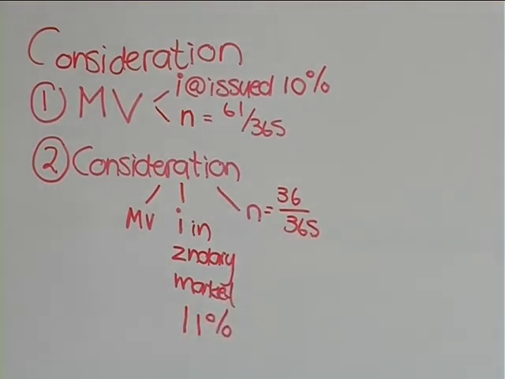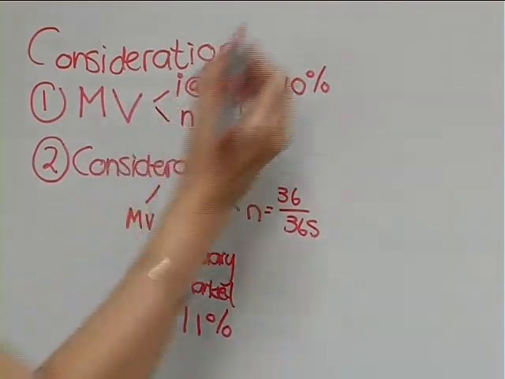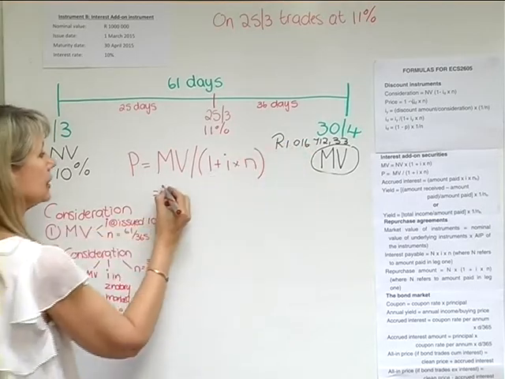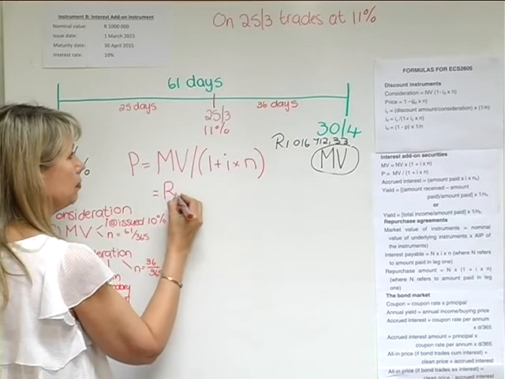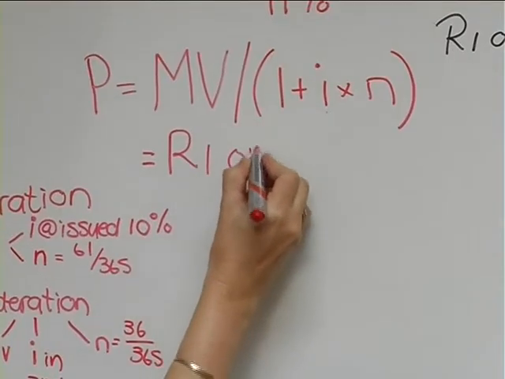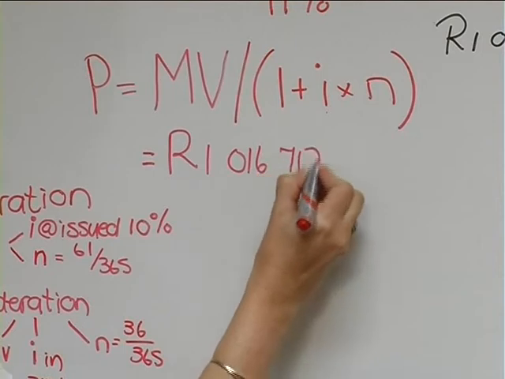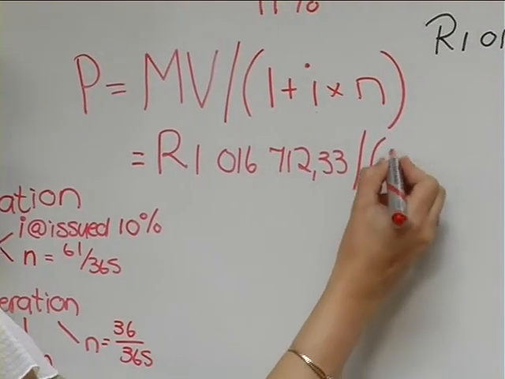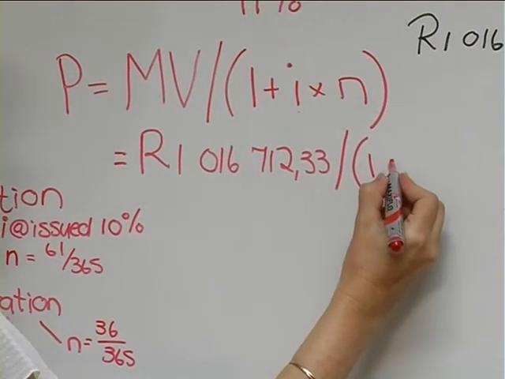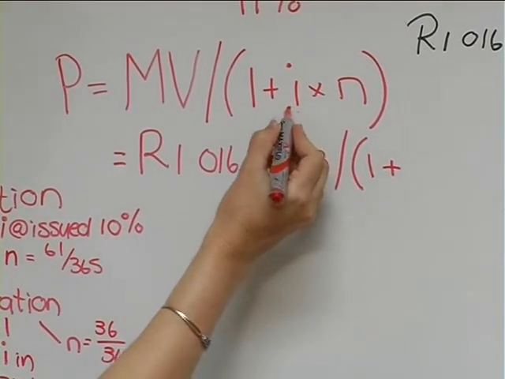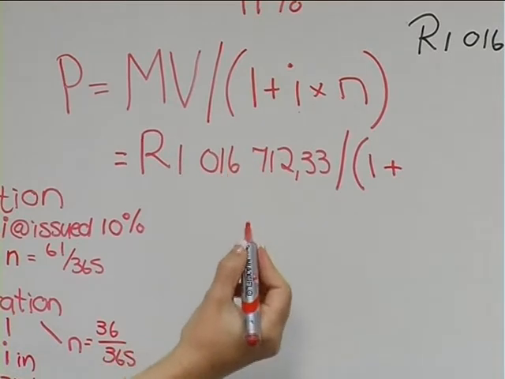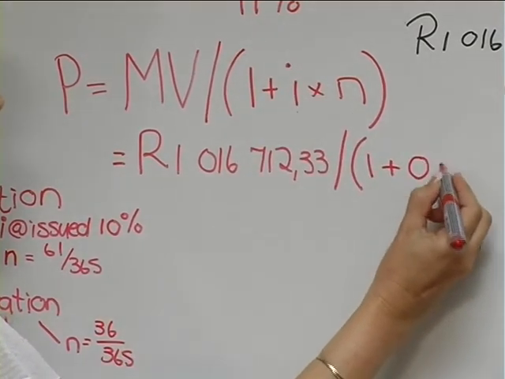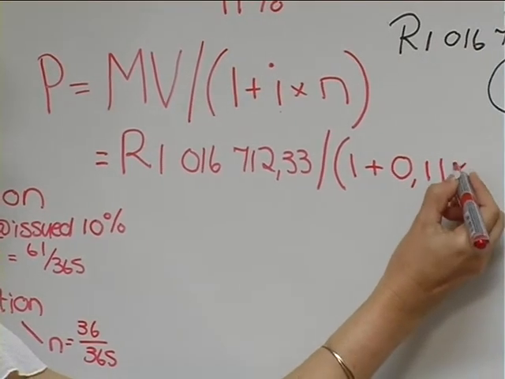Right. So let's do that calculation now. We know what the maturity value is because we've already calculated it in the previous video clip. It's 1,016,712.33 divided by, in brackets, 1 plus I, which is the I in the secondary market, so 11%, 0.11.